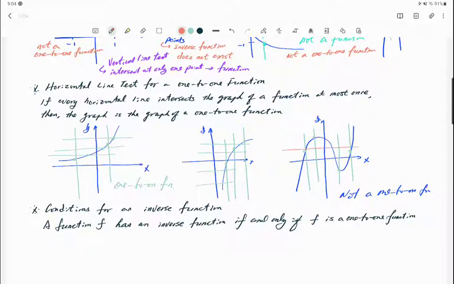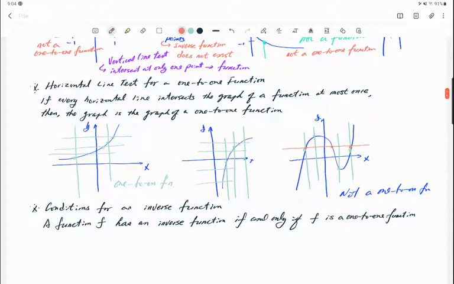But when you draw a horizontal line, there is more than one intersection, right? Here's one intersection, another one, another one. So using the horizontal line test, there is more than one intersection. So this is not a one-to-one function.